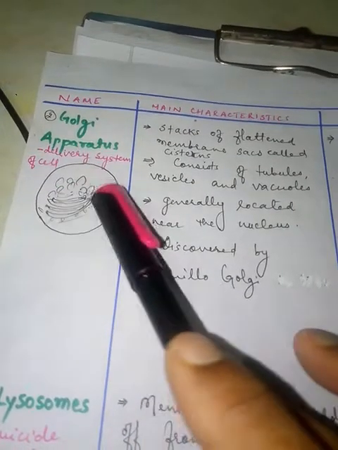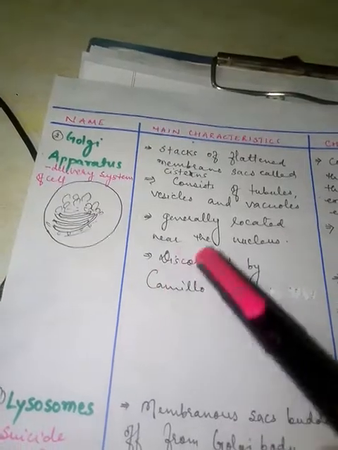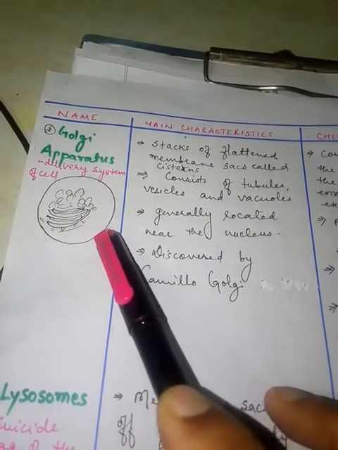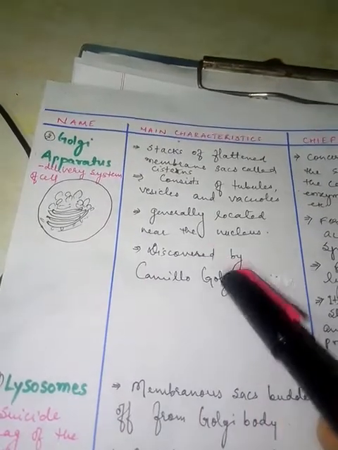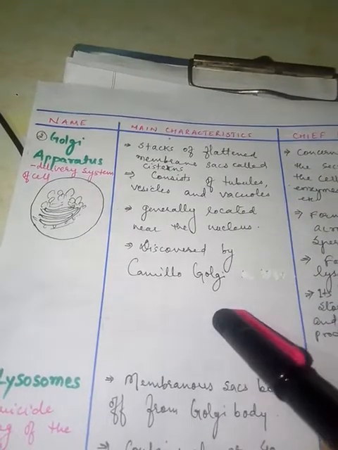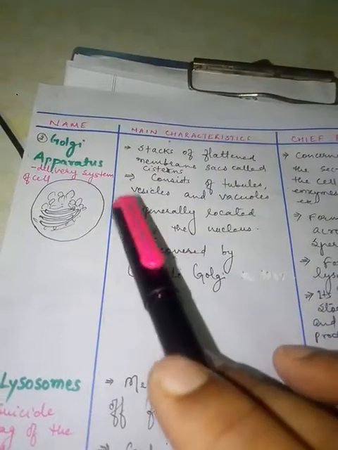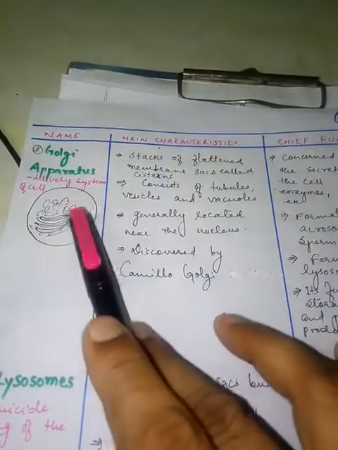Vesicles are small bag-like structure, and they are generally found near the nucleus of the cell. And this Golgi apparatus, because was discovered by Camillo Golgi, that is why its name has been given as Golgi apparatus, or sometimes it is also called as Golgi body.